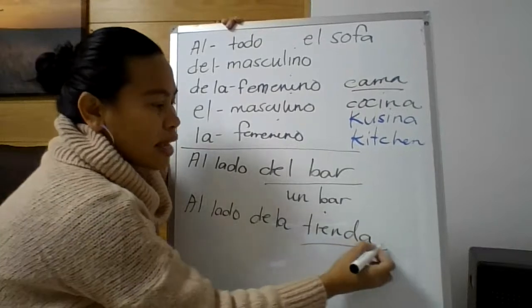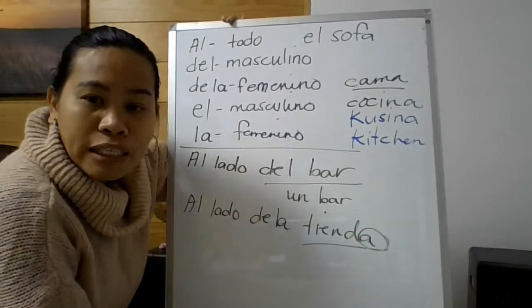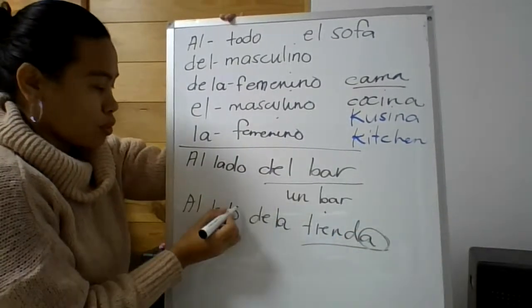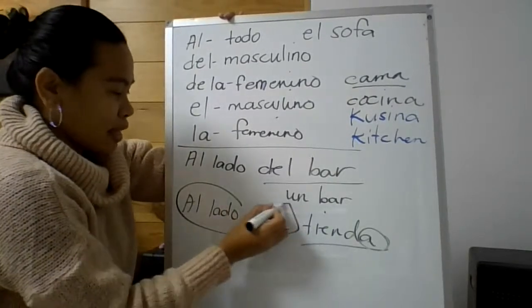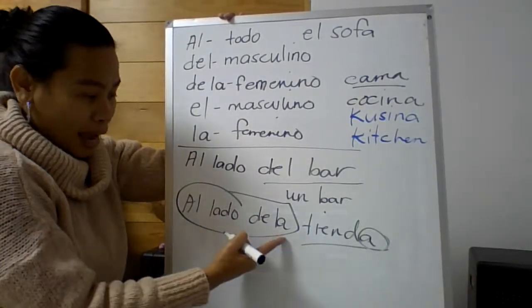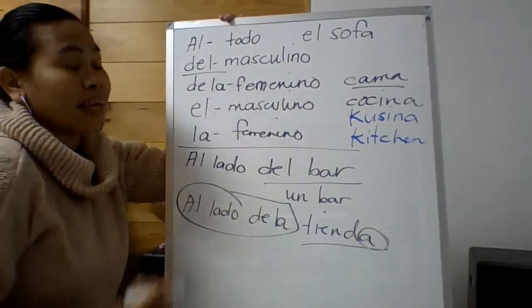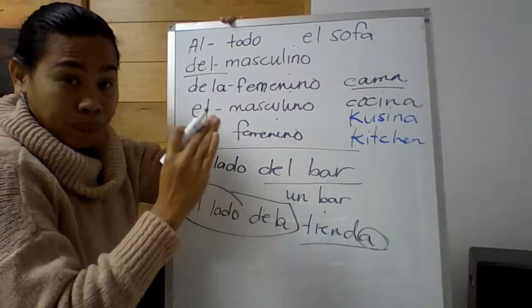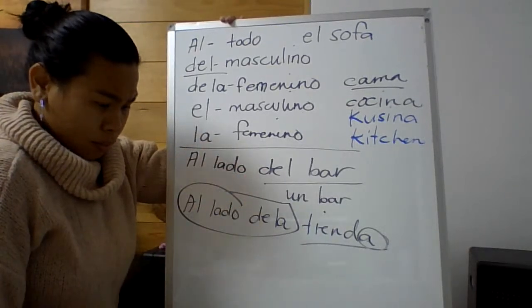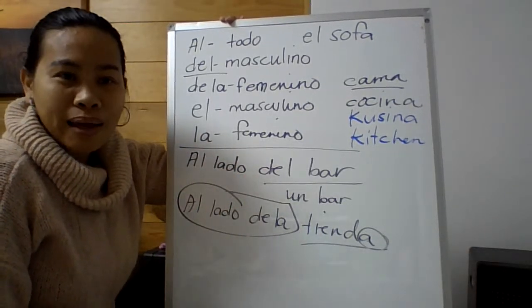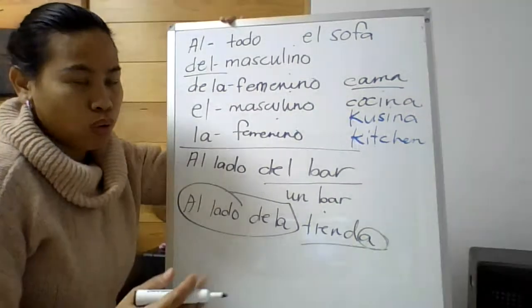So, tienda is femenino. That is why you're going to use "de la tienda". "Al lado de la". And if it's masculino, "del banco", ¿vale? Banco. "Del banco".